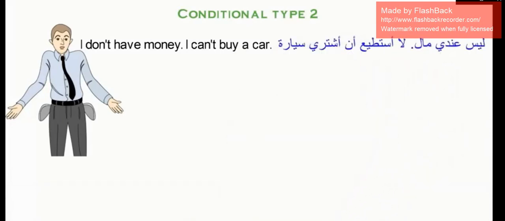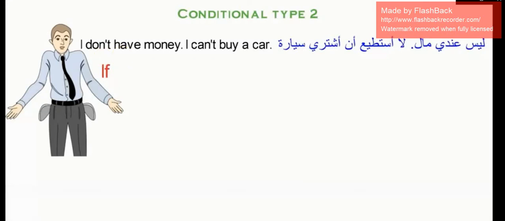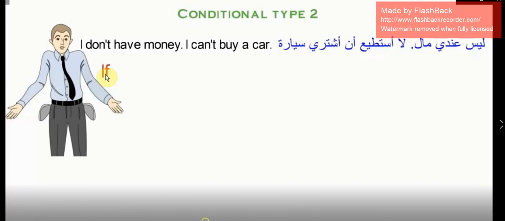I don't have money, I can buy a car. ما معيش فلوس. نتيجة I can buy a car. مش هقدر اشتري السيارة. طيب شوف كده الجملة لما نكتب if ايه اللي هيحصل؟ اللي هيحصل ان احنا هنبتدي نغير الفعل ده، الفعل اللي موجود في الواقع فعلا، اللي موجود في الحقيقة I don't have money. طب لو قلت لو او اذا، لو كان معايا فلوس، كان الفعل اتحول للماضي. عشان كده هتشوف الجملة دلوقتي حالا if I had money.